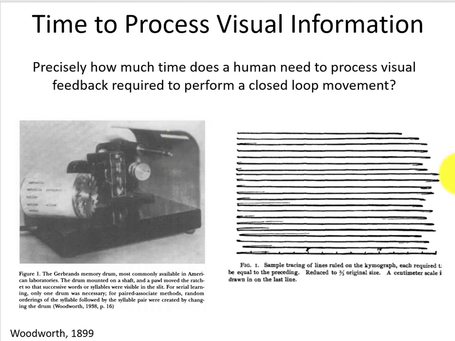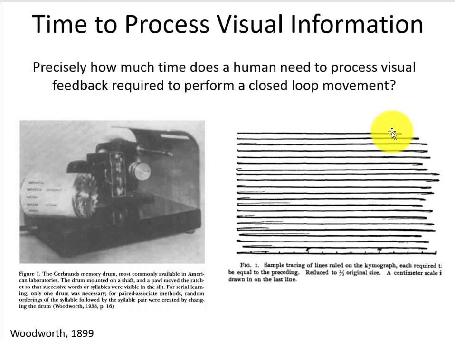And what he asked people to do was to draw lines on this kymograph through this slit here of a required length. Okay, so for example, sometimes they had to make lengths of 20 centimeters. And because the kymograph was actually rotating, as they're making these movements, it wasn't like they're making movements on a line of paper like this, where they could actually see what they were making before and correct their errors.